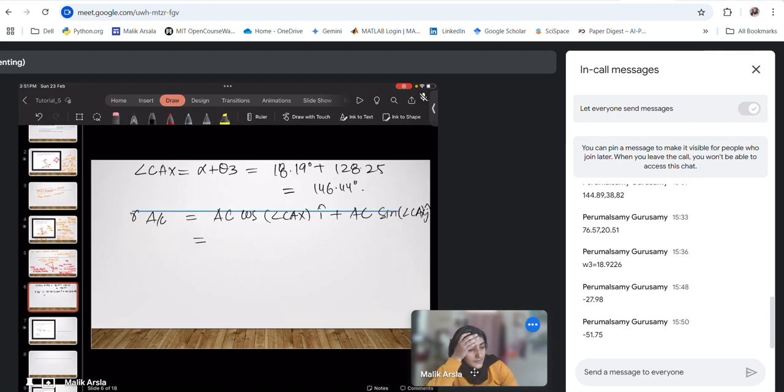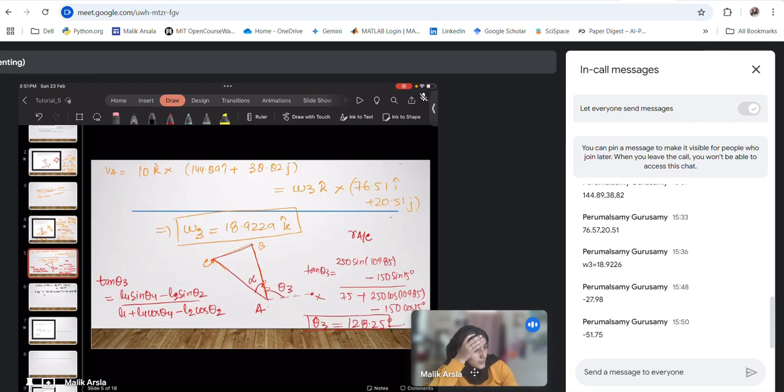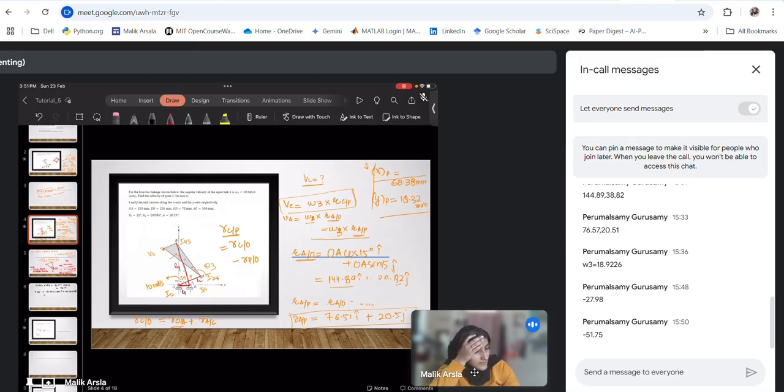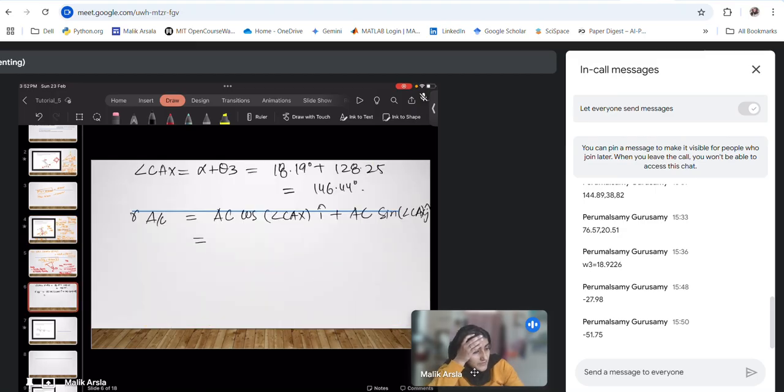The length AC is given in the question as 300. So it will be 300 cos of 146.44 plus 300 sine of 146.44. Can you calculate this and tell me what it is coming out to be? Sorry, I cap and J cap will remain.